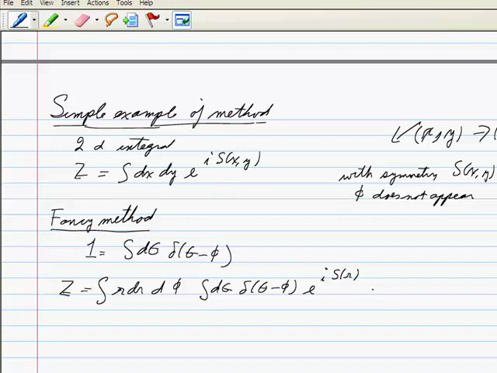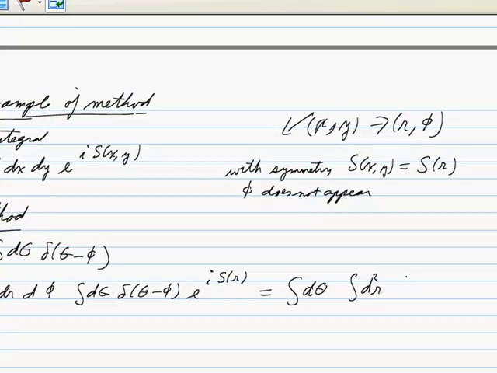Then I interchange the integration to integral d theta, integral dr, delta of theta minus phi, e to the i S, and let me call this W of theta.